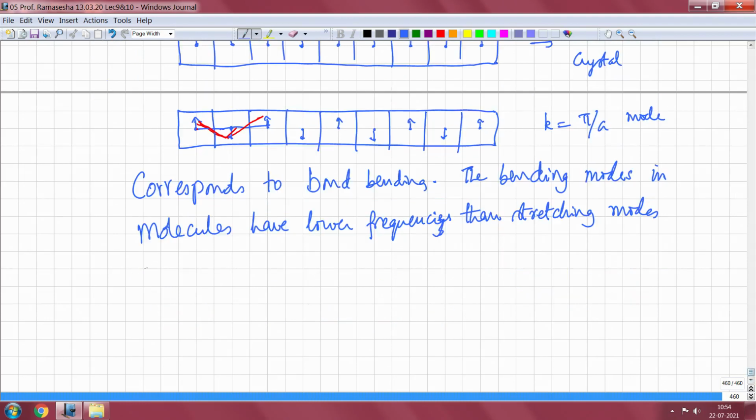So which means that the transverse mode dispersion will be below the longitudinal mode.